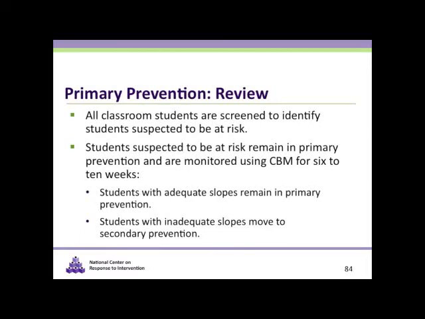This is stage 2 of the screening process. CBM scores are graphed and slopes are calculated. Students with adequate slopes remain in primary prevention. Students with inadequate slopes move to secondary prevention. During secondary prevention, student progress is monitored on a more frequent basis.